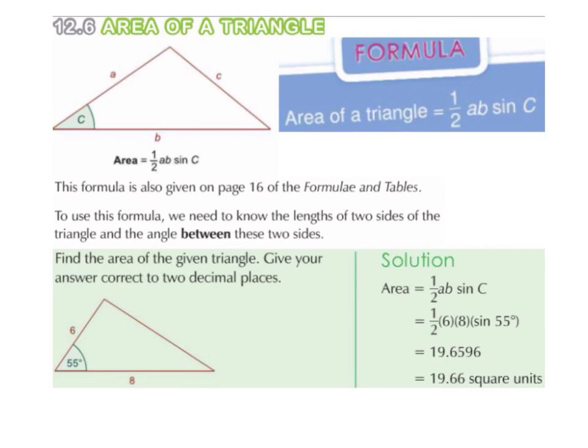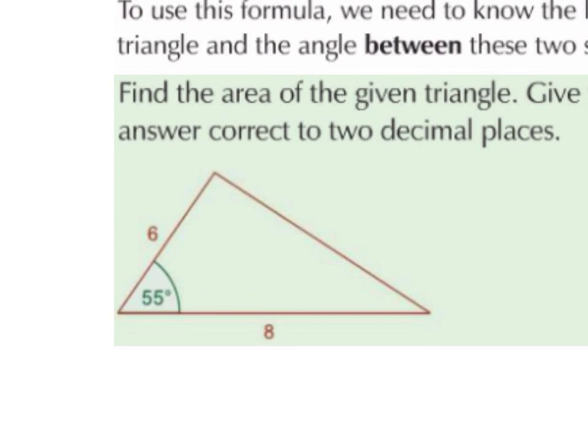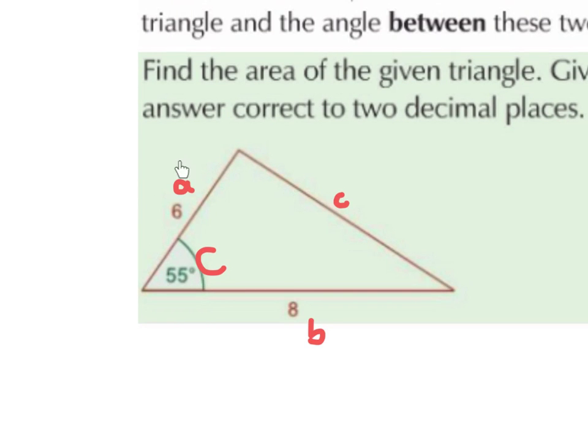We're going to start off by labeling our angle as angle C, and then we're going to label the side directly opposite that as side C. So we have lowercase c for the side. And then we're going to label our other two sides as A and B. I'm labeling the 6 as A and the 8 as B, but it doesn't really matter which way we label them.